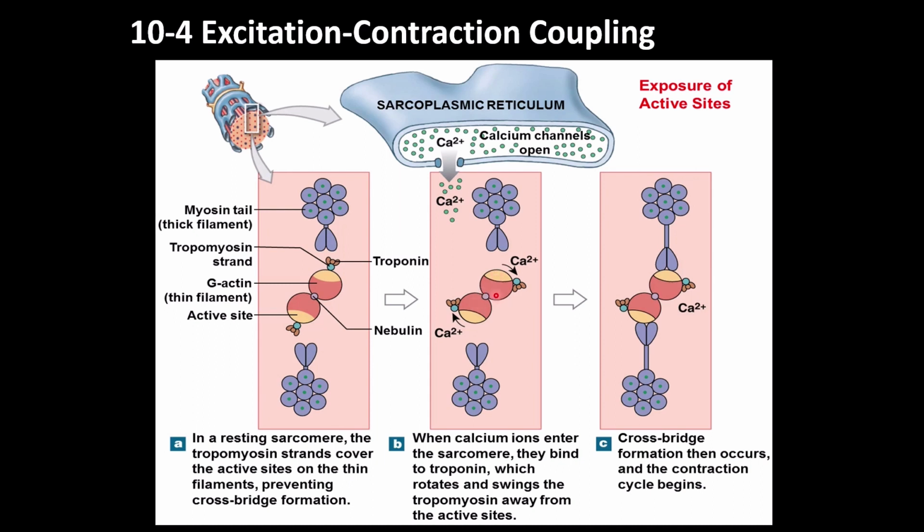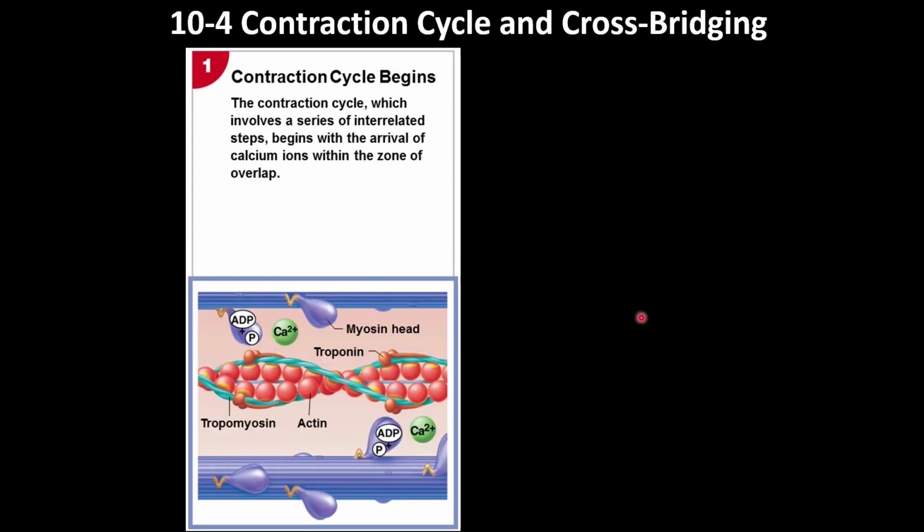You can also see here nebulin that connects these G-actin molecules. Then the head of the myosin comes and attaches to the active site of actin, and this action is called a cross bridge. So a cross bridge is when the head of the myosin attaches to the active site of actin.